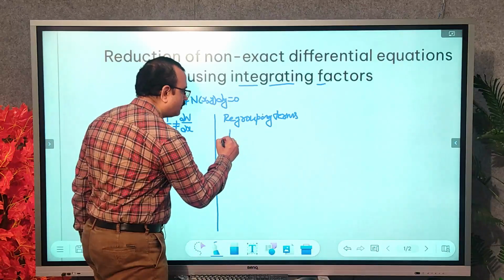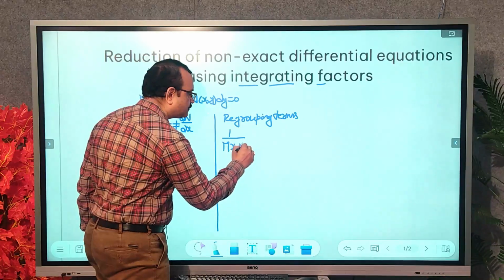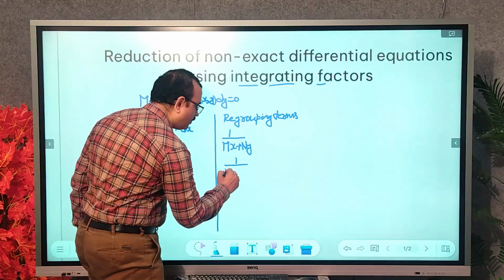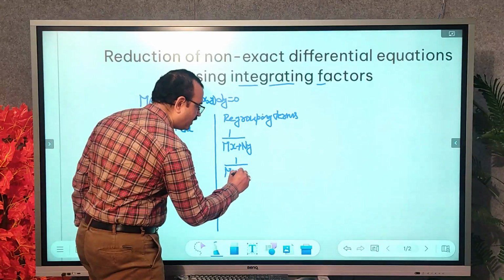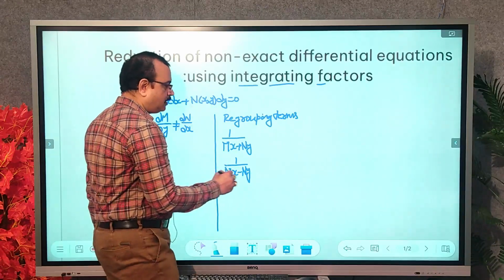Another one, we can take the integrating factor maybe of the form 1 by Mx plus Ny, or otherwise 1 by Mx minus Ny as the integrating factor.